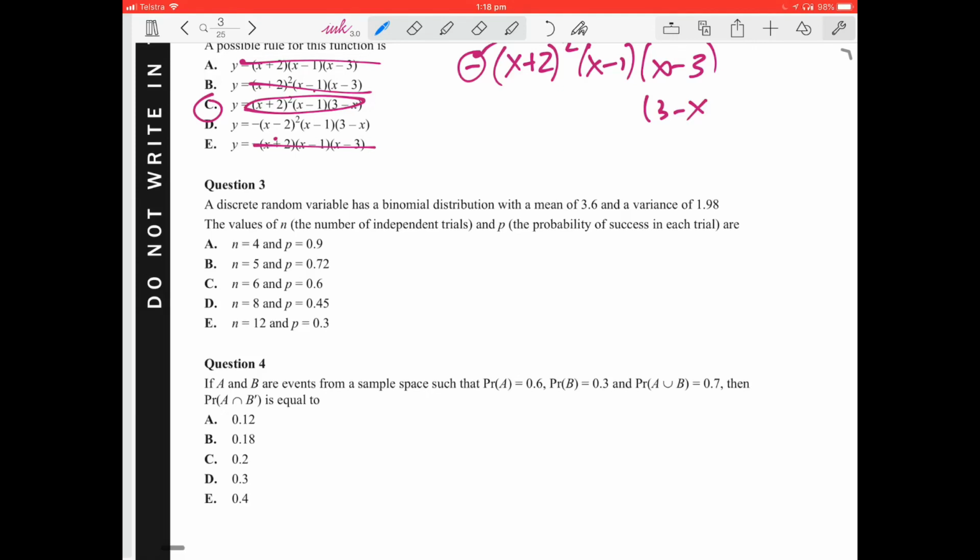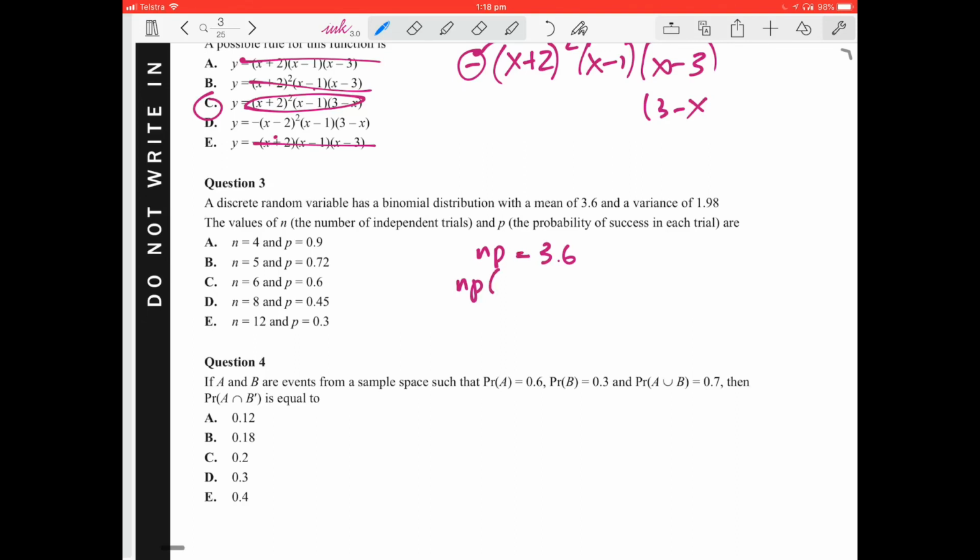Discrete random variable has a binomial distribution with a mean of 3.6 and a variance 1.98. N and P. Okay, so we know NP, because it's our expected value, is 3.6, and our variance is NP times 1 minus P, which equals 1.98. If we do 2 divided by 1, they're going to cancel.